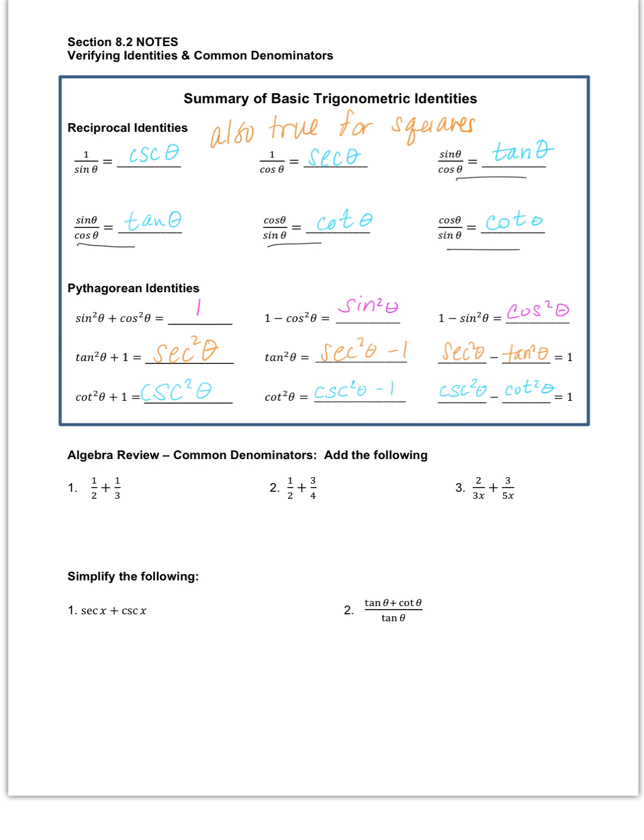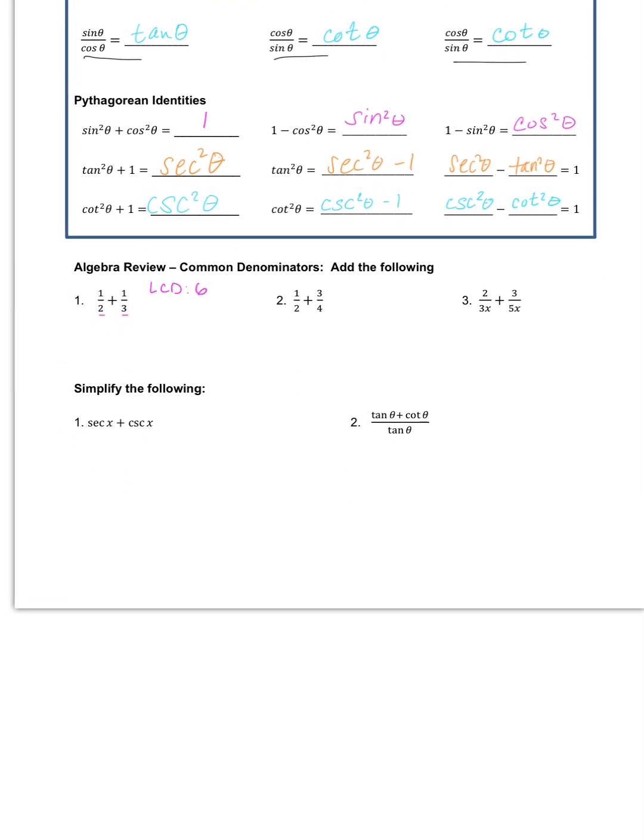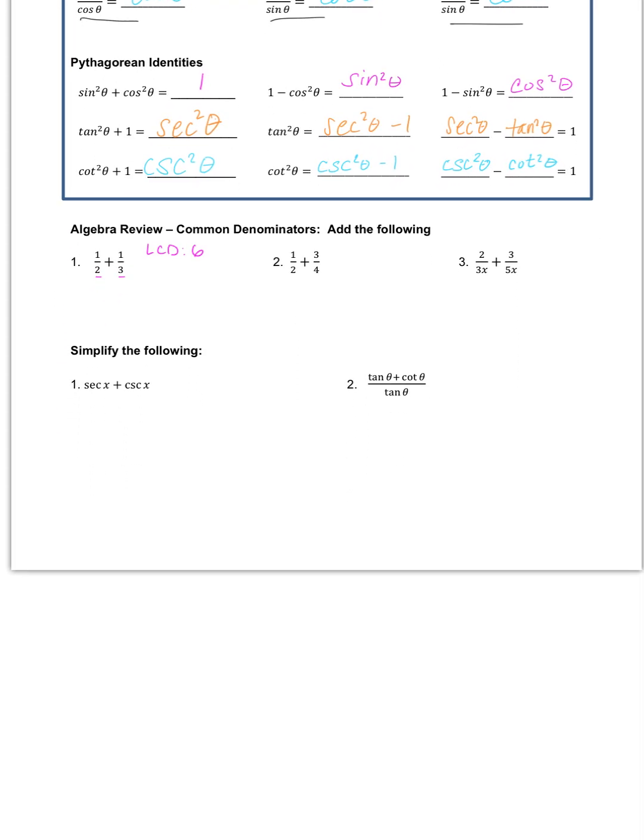So the next part we're going to do, if you pay attention to our title, it's talking about common denominators. So let's do a quick review on denominators and adding fractions. So what I want to do is the LCD. The LCD is going to be 6 for these two. The way you're going to do the notes on there may look like I'm taking a lot of steps.